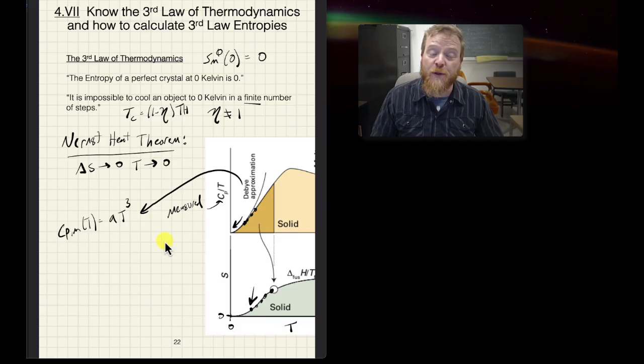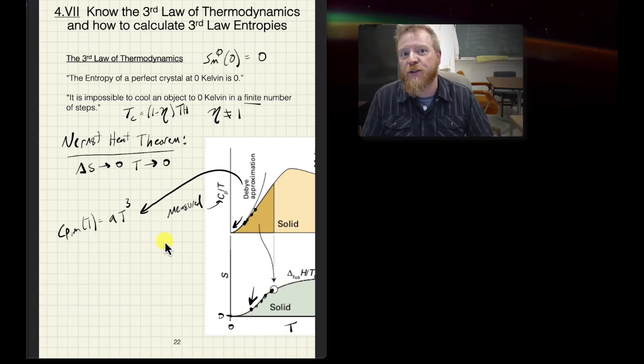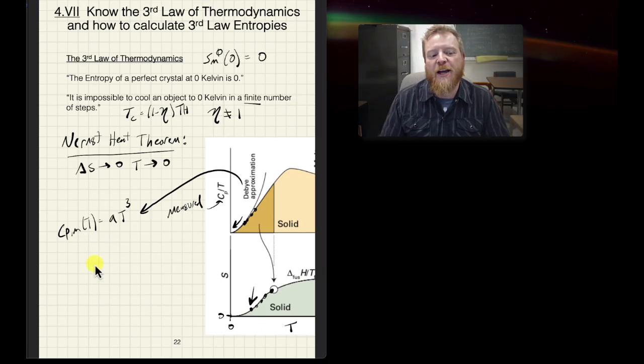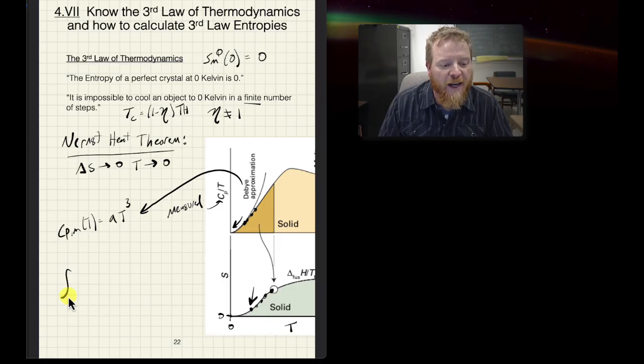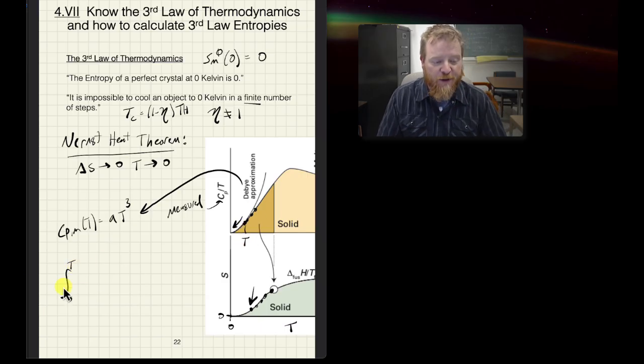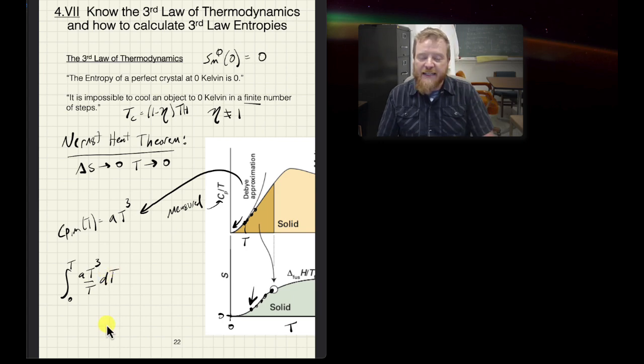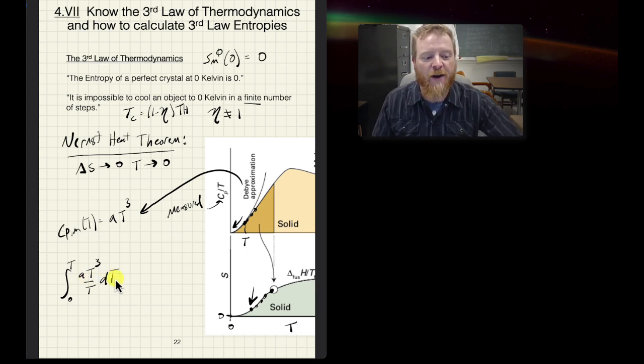Then if you think about those integrals that we put together, where we integrate from 0 to the melting temperature, from the melting temperature to the boiling temperature. In effect, what we would really do is integrate from 0 up to some temperature, I'll mark that temperature T right here, where the heat capacity is related to A T to the third power. And remember, CP divided by T dT, so obviously that will become A T squared dT.